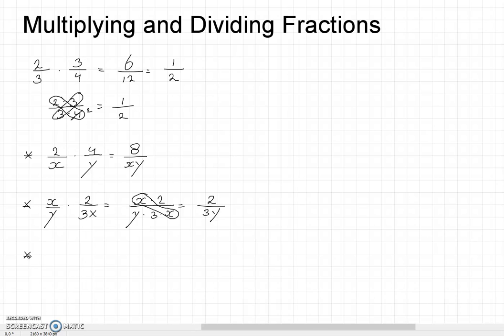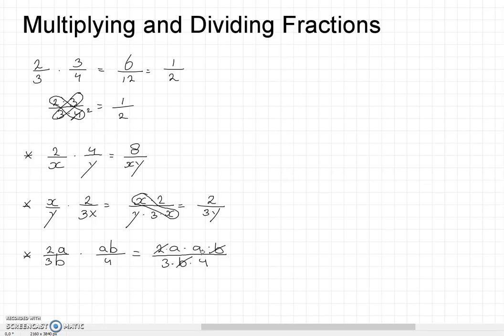A third example, 2a/3b times ab/4. We write it down as 2 times a times a times b in the numerator and 3 times b times 4 in the denominator. We can now see that we can divide both the numerator and the denominator by b, and we can divide both the numerator and the denominator with 2.